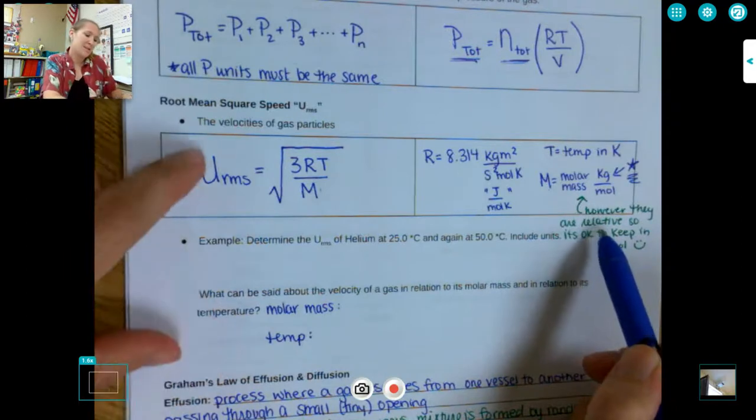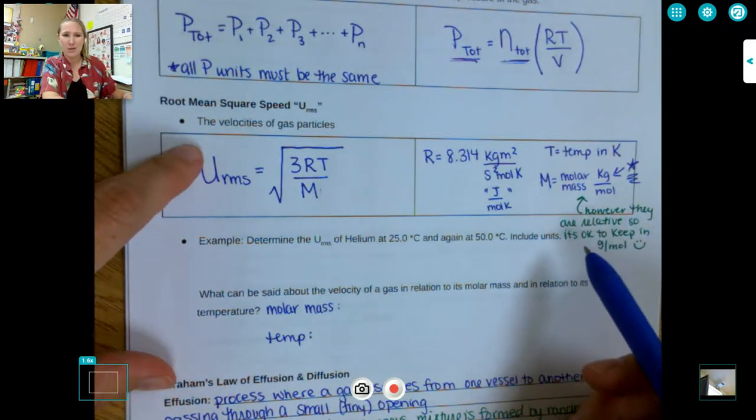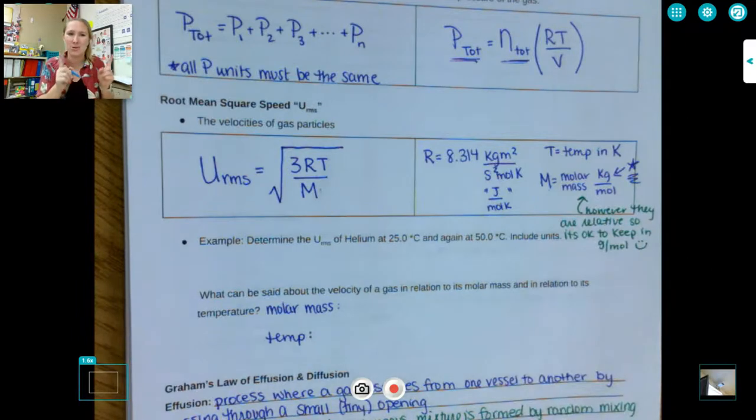However, because this is a relative velocity, we're just comparing two things together to see which one's faster. We don't have to convert it back into kilograms. We can leave it in grams because we're just comparing two things in grams. We're not saying this is this velocity. We're saying, of these two, which one goes faster? So that works to our favor.